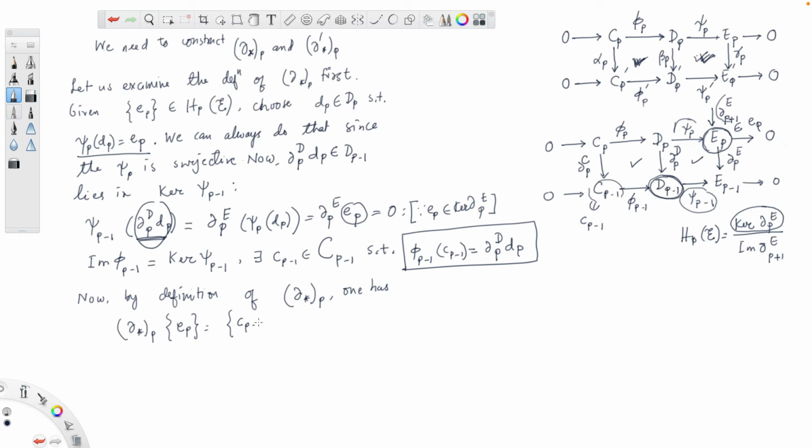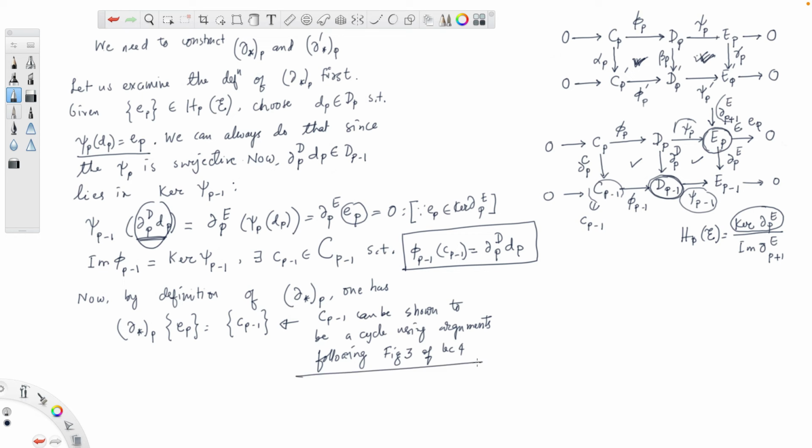The element c_{p-1} belongs to this group C_{p-1}, and the class belongs to the homology of C. Actually, I'm not going into the detail that this is actually a cycle. c_{p-1} can be shown to be a cycle using arguments following figure 3 of lecture 4.